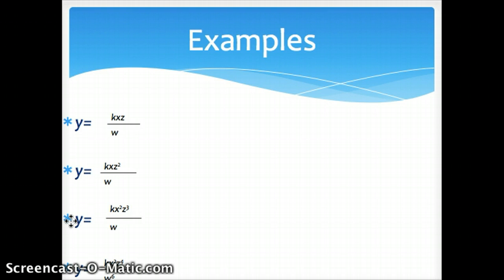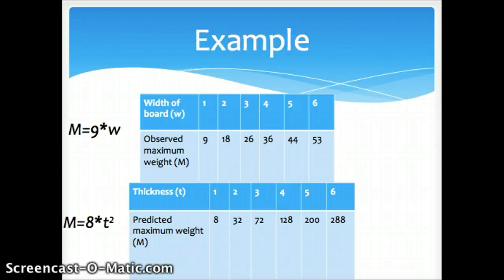The third one is y varies directly as the square of x and the cube of z and inversely as w. And the fourth one is y varies directly as the square of x and the fourth power of z and inversely as the sixth power of w. These aren't the only equations that they might give you, but there's some of them.